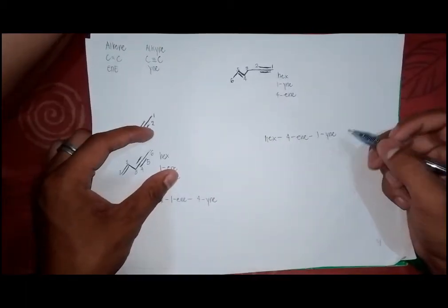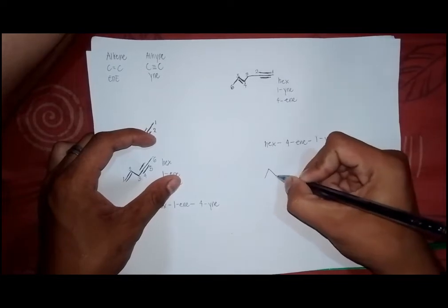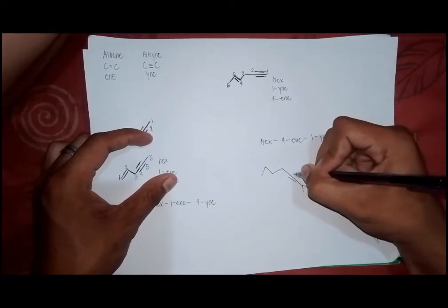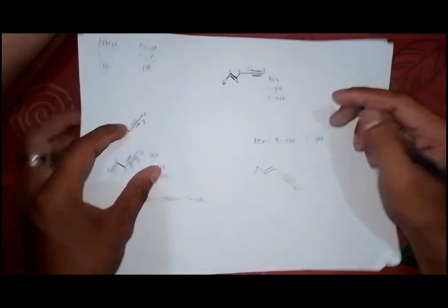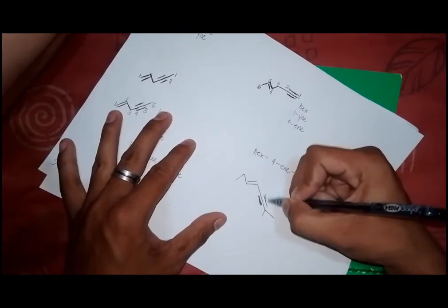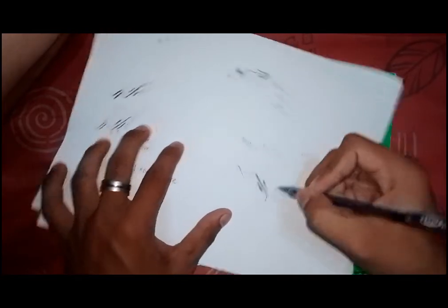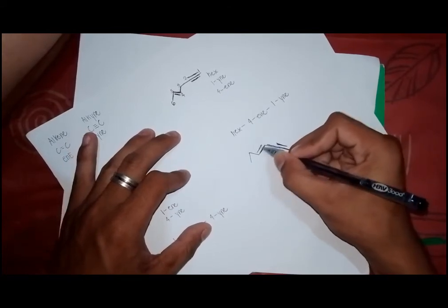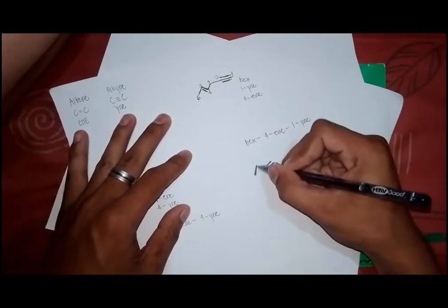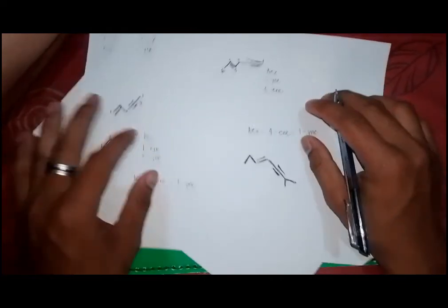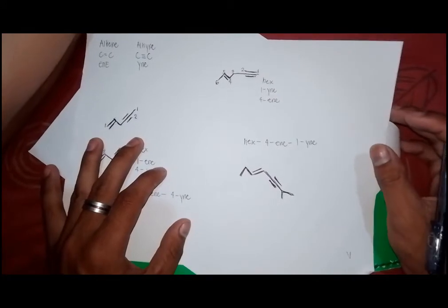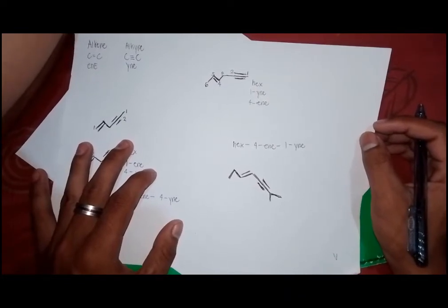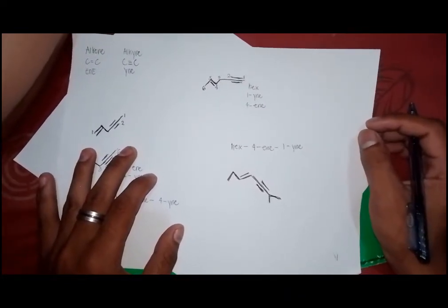Now look at this example. The first thing to do is to highlight the parent chain and determine which way to number going to the standard IUPAC rule.